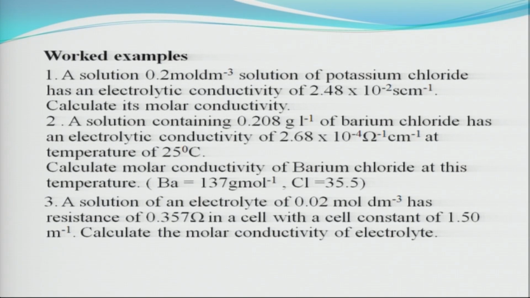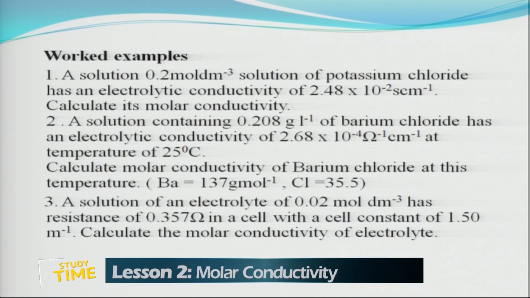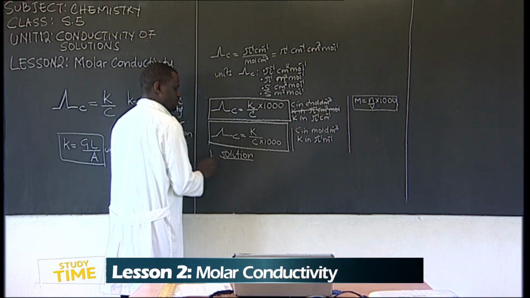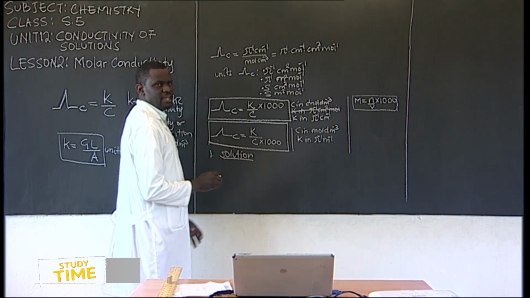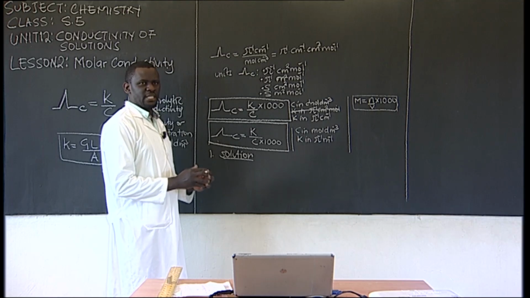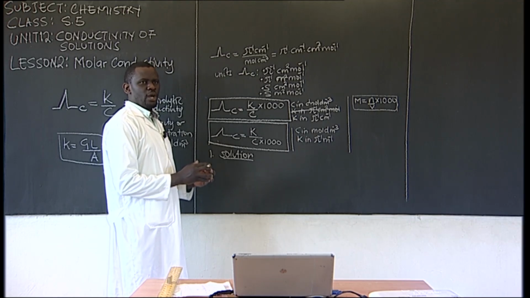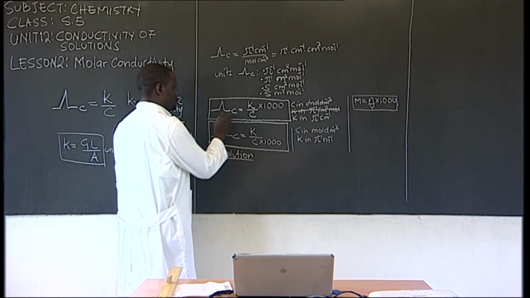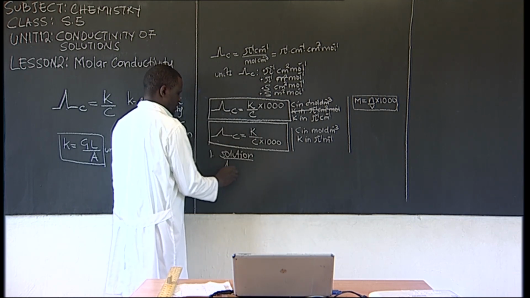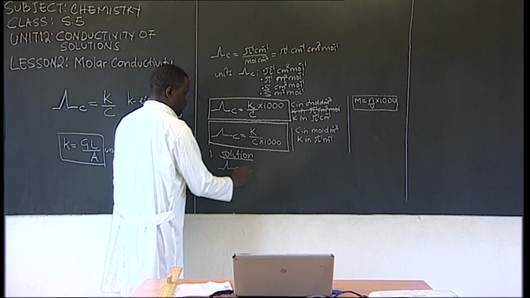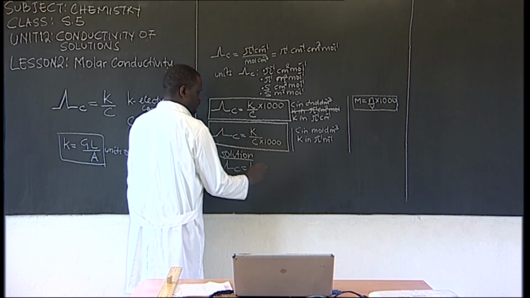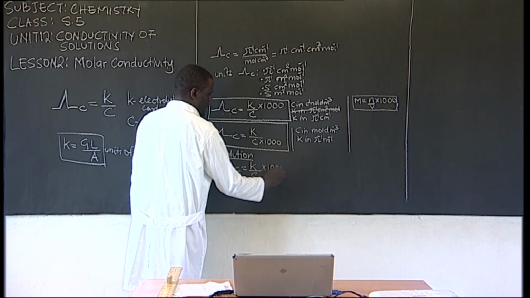This question is a quick application of one of the formulas we have here. Solution to our problem. The first thing we are going to note is good for us to first identify the units. The units are in per centimeter, the units of electrolytic conductivity. So we are going to use this one. We say that molar conductivity is equal to conductivity over C times 1,000.